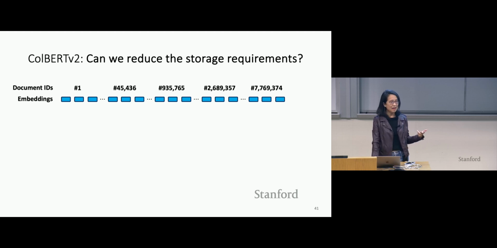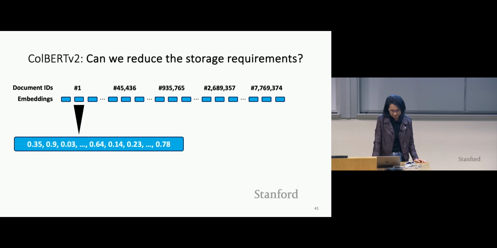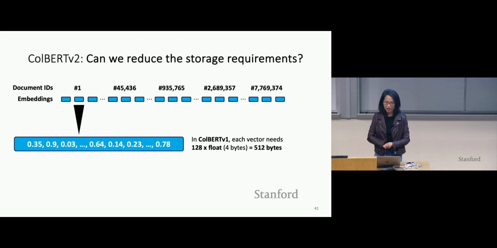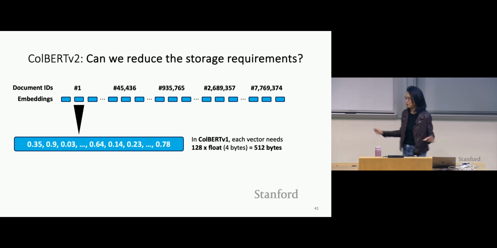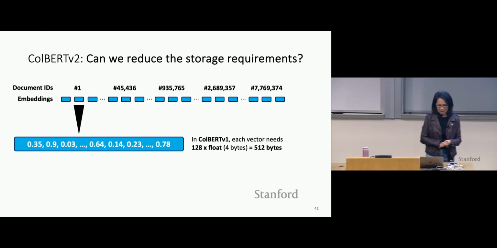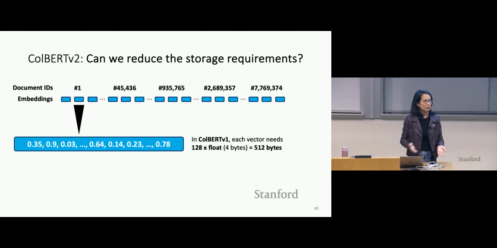So if you look at the document encoding, for each document, what do the embeddings look like, okay? You've got a whole bunch of numbers, and as a matter of fact, there are 128 dimensions, and they're floating point numbers, 4 bytes each.